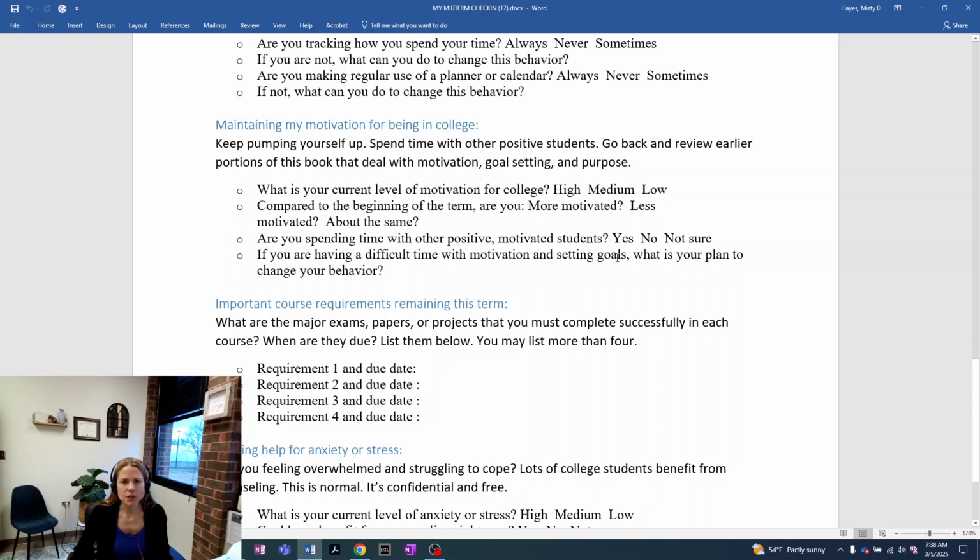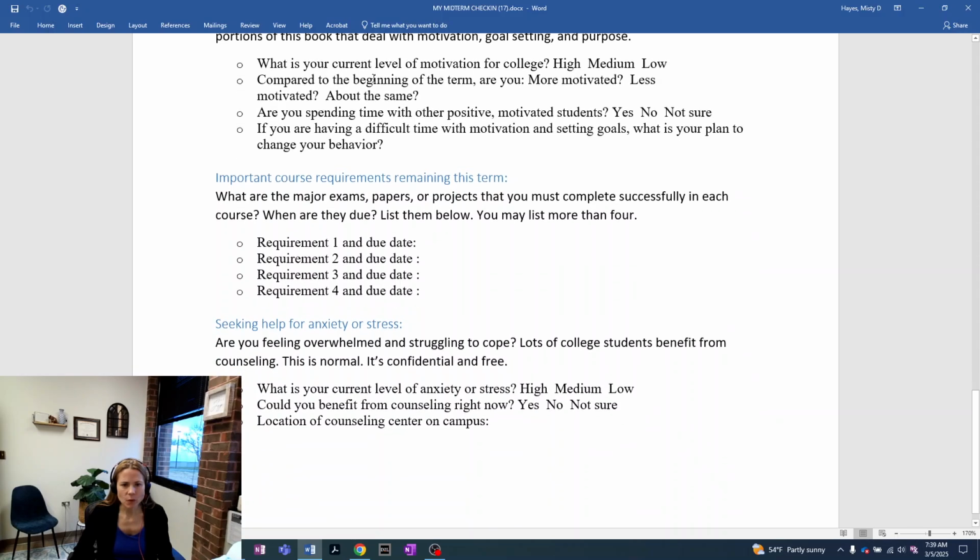And then think about who you spend your time with. Are you spending time with motivated students or ones that maybe don't have a positive attitude? And if you are struggling to set goals and you're having difficulty with motivation, what are some things that you could do? Are you planning on changing your behavior? What are some things that might help?